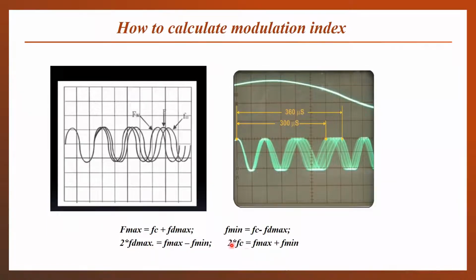And the carrier frequency can also be calculated as the average of F maximum plus F minimum. These are not deviations. F maximum and F minimum are the maximum and minimum frequencies of our frequency modulated signal, which consists of different frequencies. So the maximum frequency and minimum frequency will be used to calculate the modulation index.